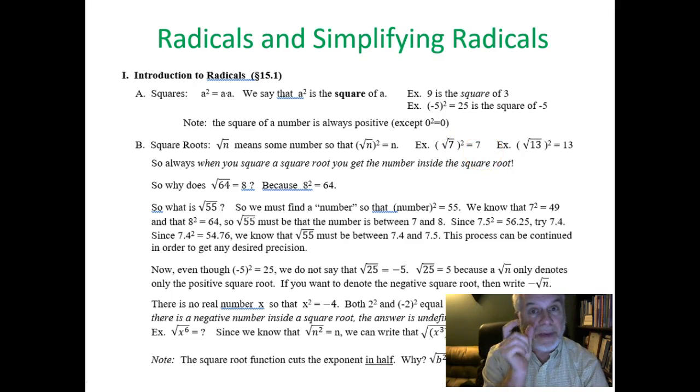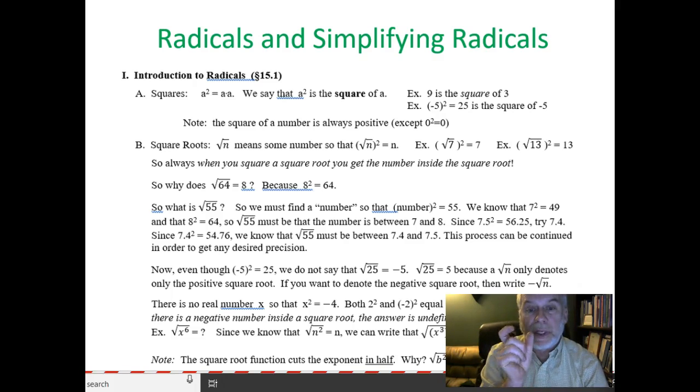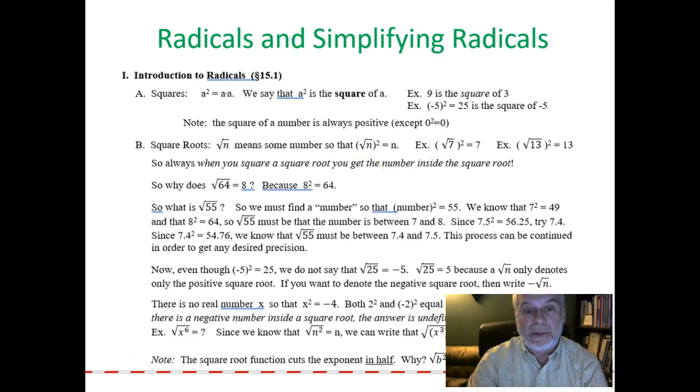Because square root of 7 times square root of 7, or square root of 7 squared, you will get the number inside, which is 7. If you have square root of 13 and you square it, you'll get 13. So always when you square a square root, you get that number that's inside the square root.